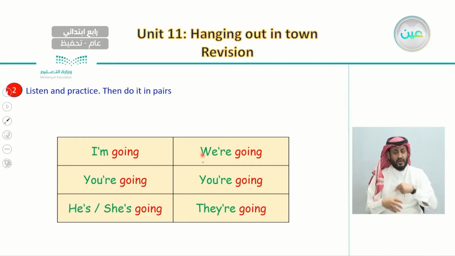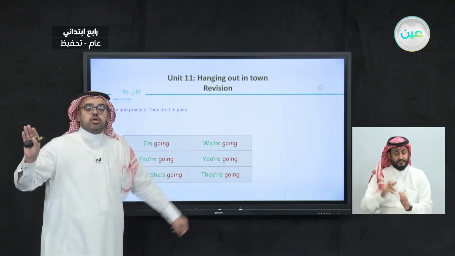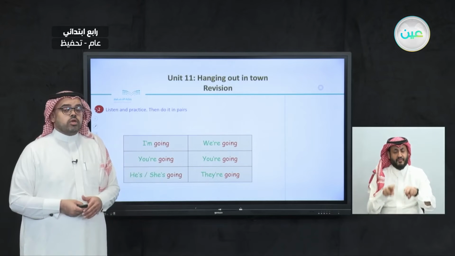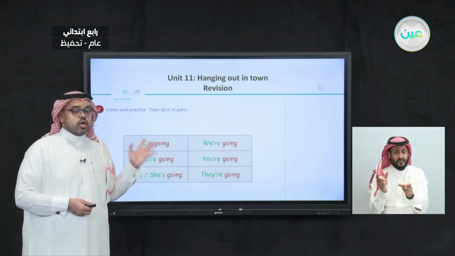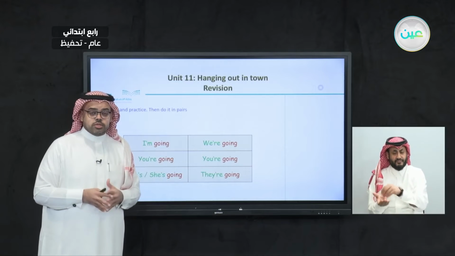When we talk about myself and you, we say, we are going to the supermarket. And when we talk about other people, not me and not you, we say, they are going to the supermarket. So this is how we use "going to" in different sentences with different subjects.